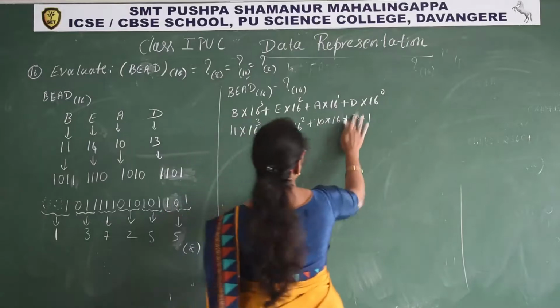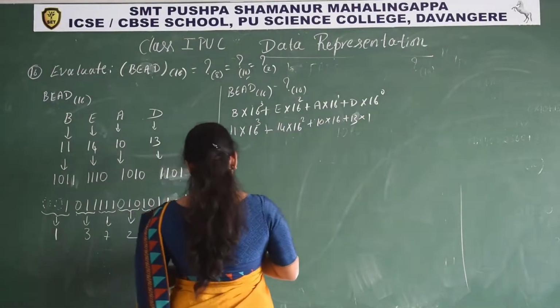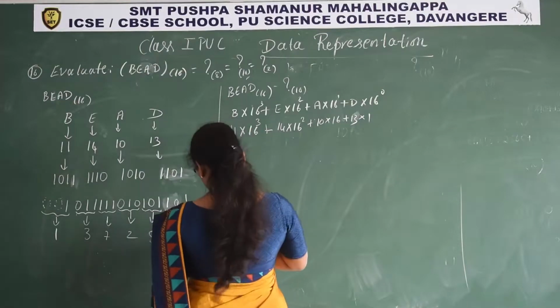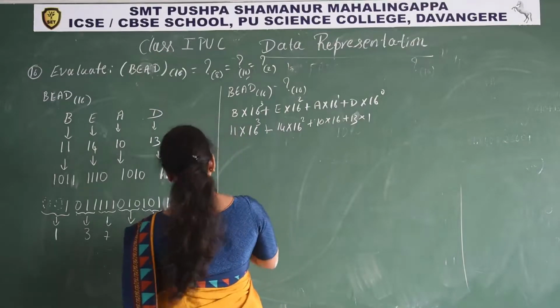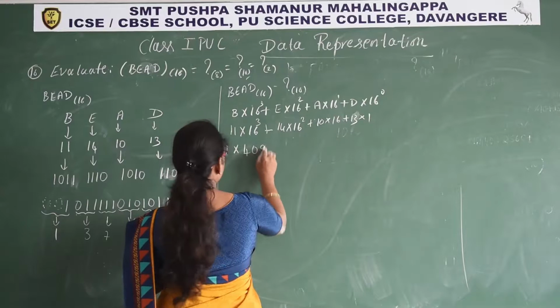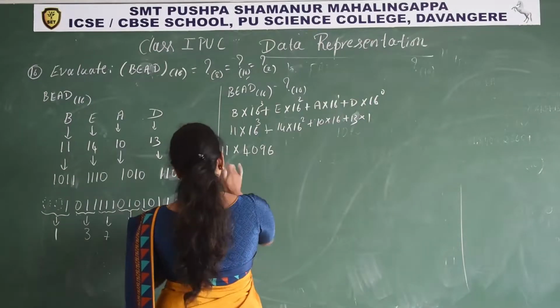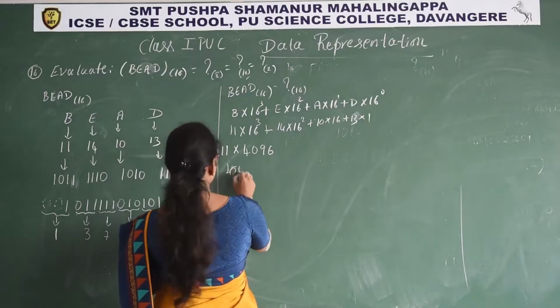D means 13. Now 16 into 16 into 16 is 4096, and 4096 into 11 is 45,056.